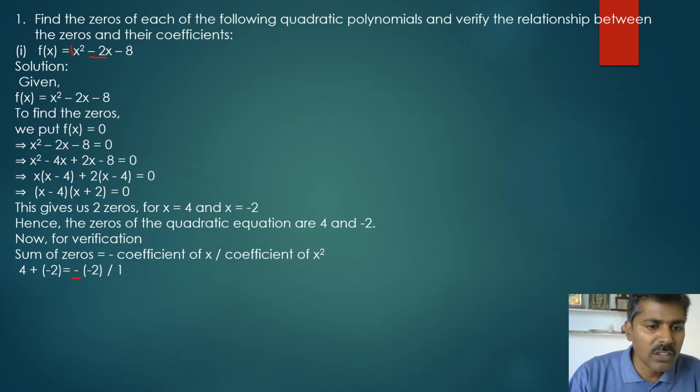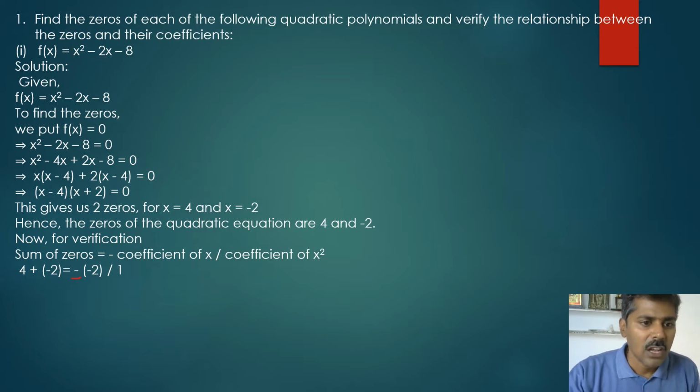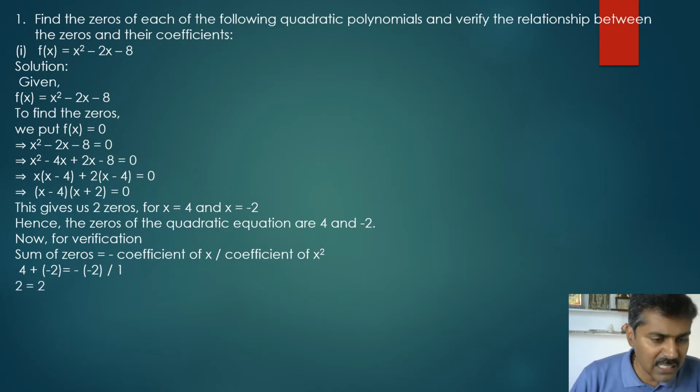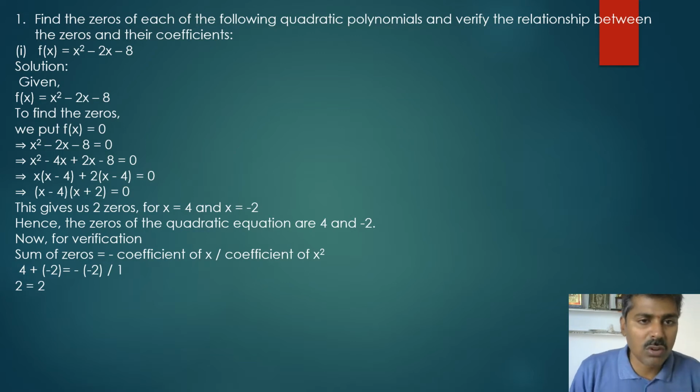Now on the left hand side I add those two zeros and get 2, and on the right side I get 2. So verified. The sum of the zeros is related to the coefficients as minus coefficient of x by coefficient of x square.